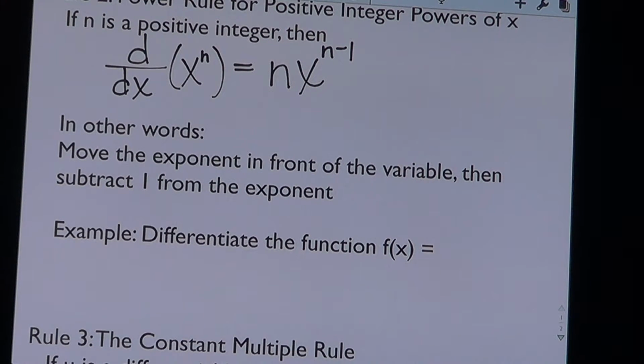So for example, differentiate the function f of x equals x to the 6th.